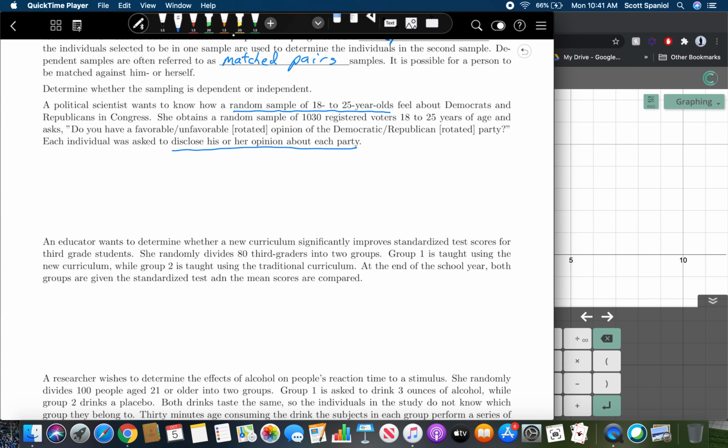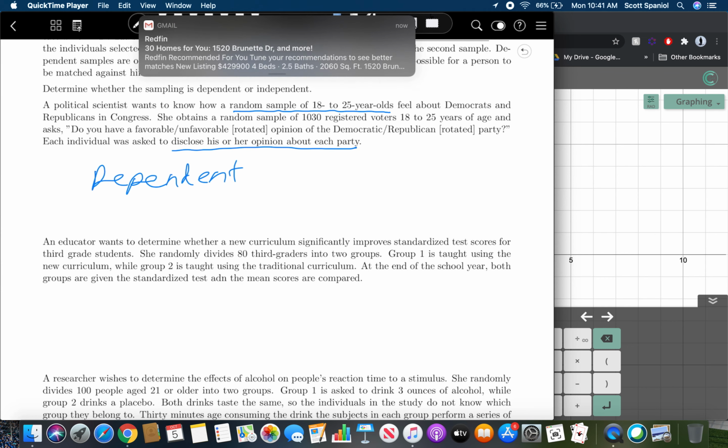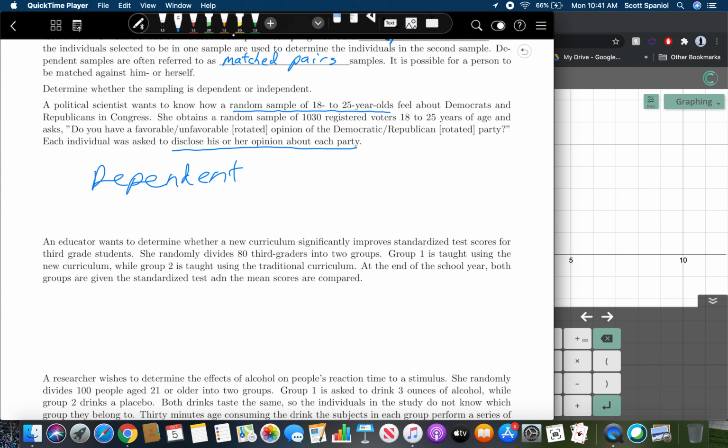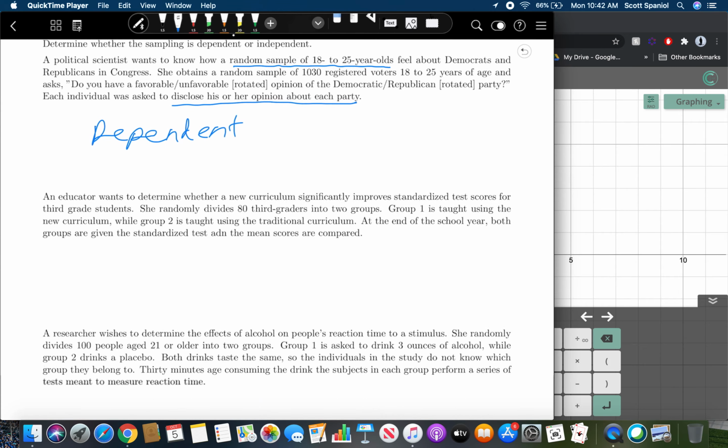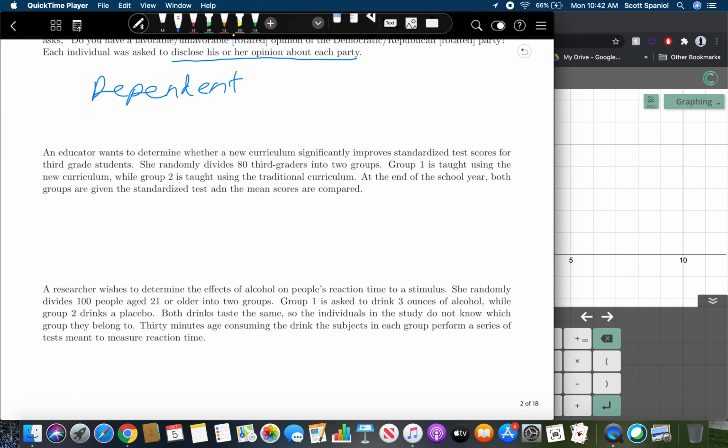This falls under matched pairs, which means this is dependent, because they were matched against themselves. That way the political scientist could compare the opinions of the Democratic and Republican Party amongst individuals, to see what the difference was for individual people and then find that out as a group.